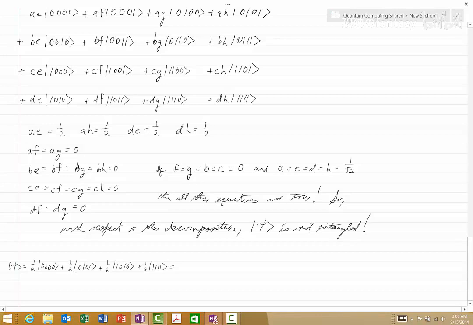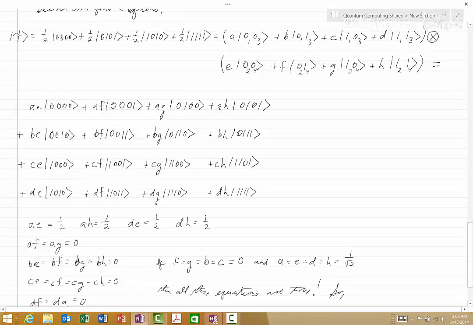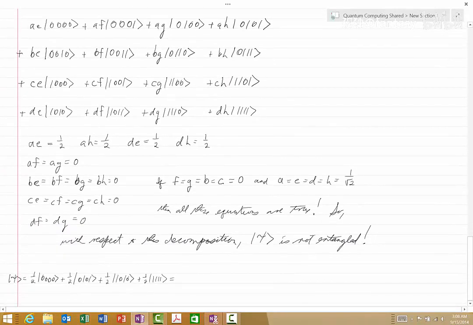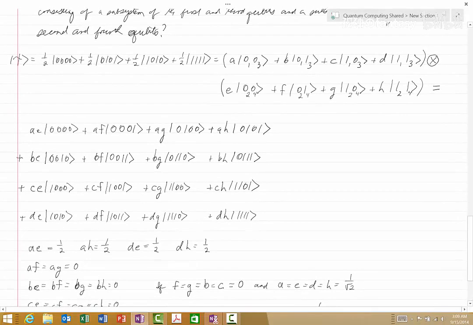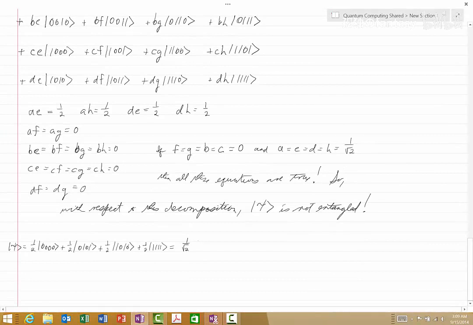And according to the work we've just done, we see that that is equal to, now remember, A is 1 over square root of 2, so we have 1 over square root of 2, 0, 1, 0, 3.